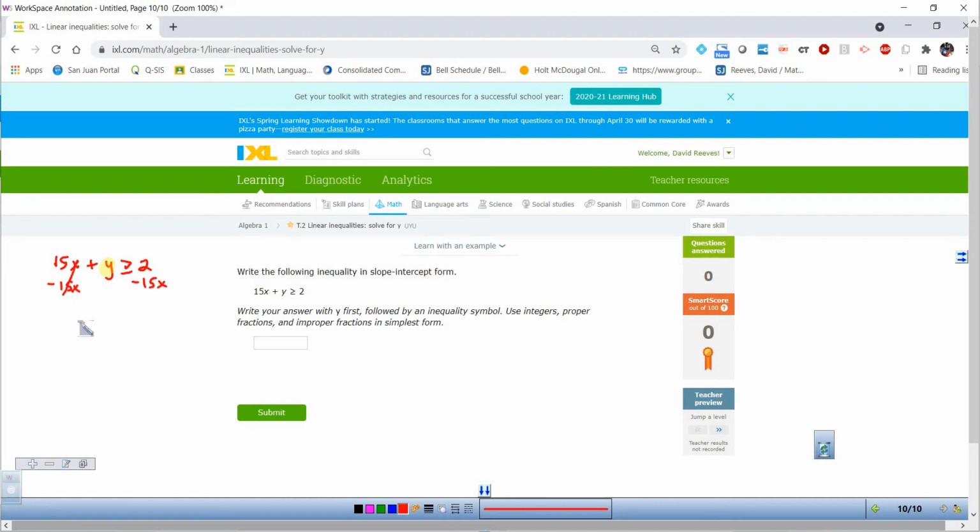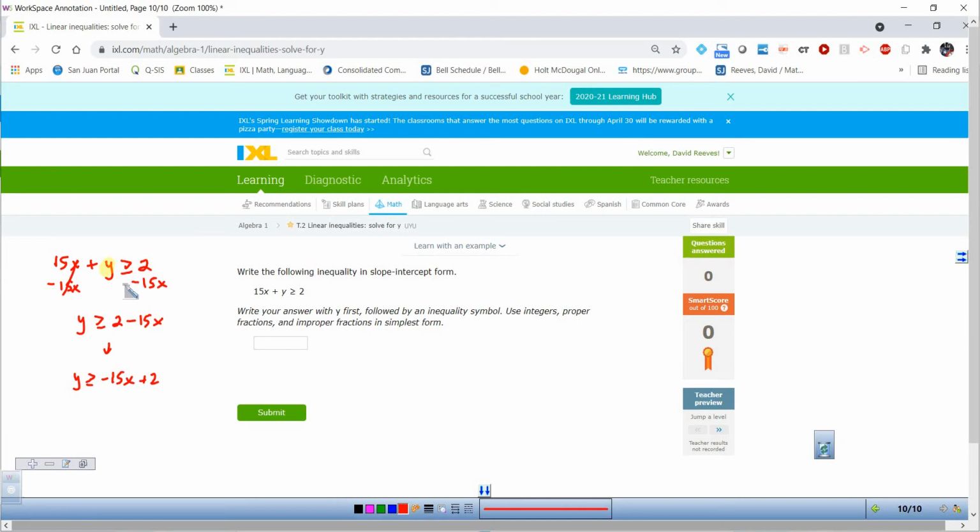And when I do that, I get y is greater than or equal to, and again, as I mentioned in the previous video, we could write 2 minus 15x, and that would be perfectly correct. But if we wanted slope-intercept form, y is greater than or equal to negative 15x plus 2.